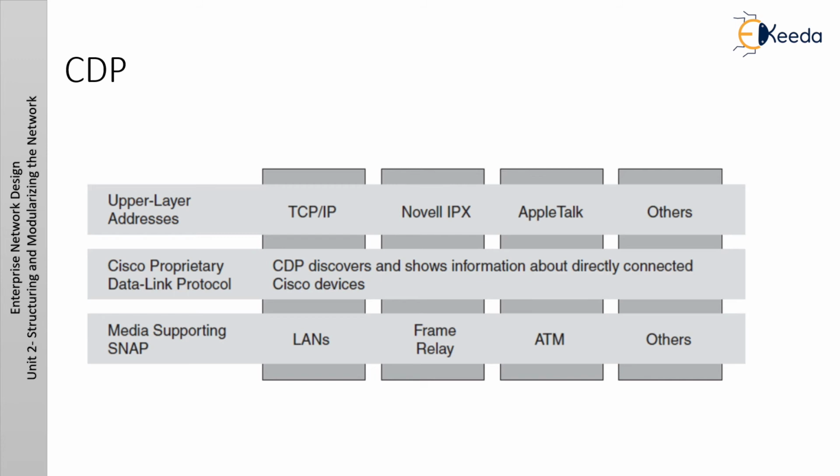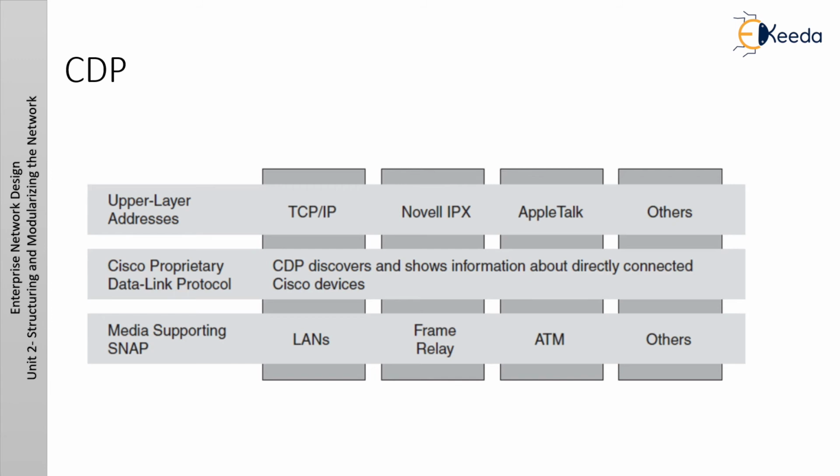CDP is a media and protocol independent protocol that is enabled by default on each supported interface of Cisco devices such as routers, access servers, and switches. The physical media must support Subnetwork Access Protocol encapsulation.